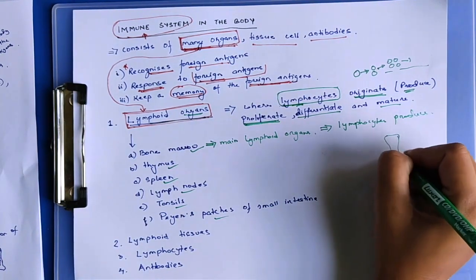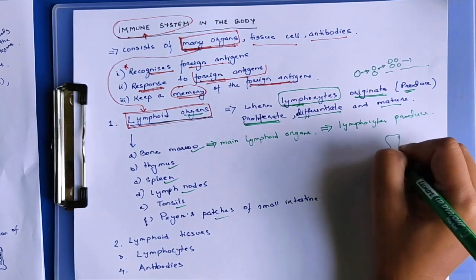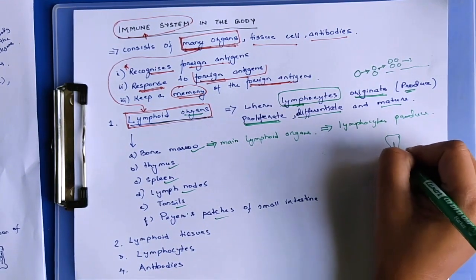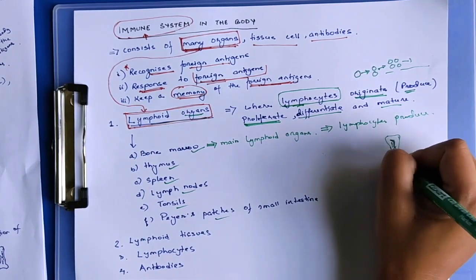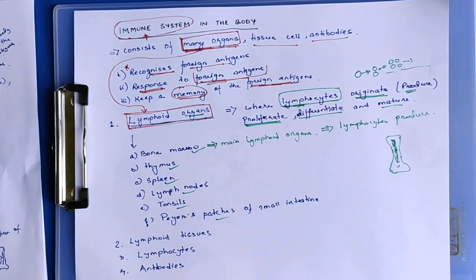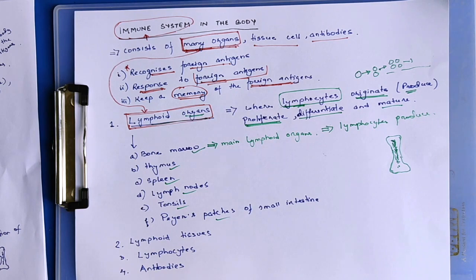This is our bone, and inside the bone, the bone marrow will produce our lymphocytes. They are known as the main lymphoid organs.